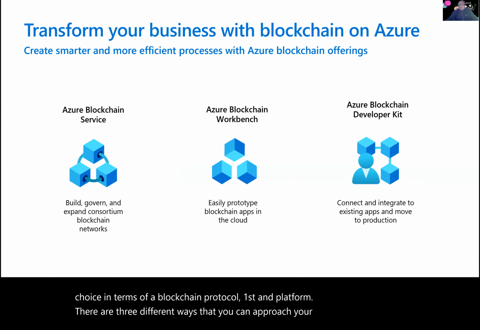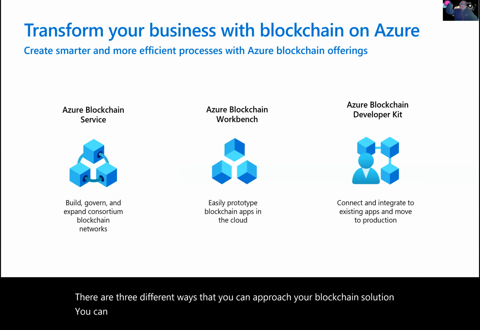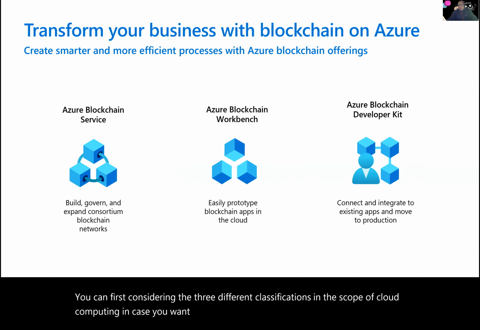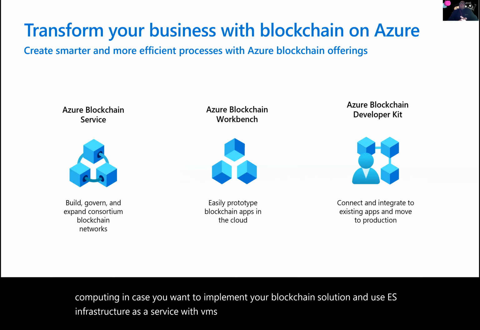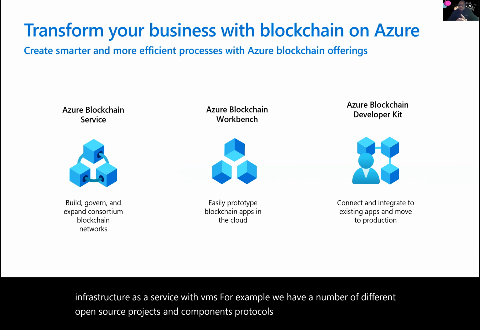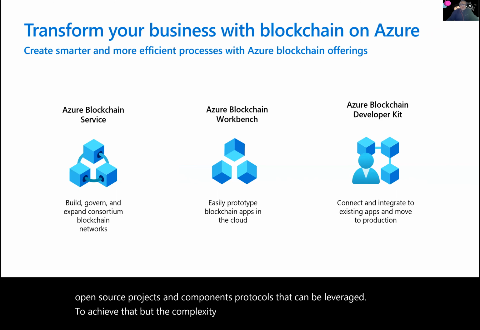Considering the three classifications in the scope of cloud computing, if you want to implement your blockchain solution using IaaS, infrastructure as a service, with VMs, for example, we have a number of different open source projects, components and protocols that can be leveraged to achieve that, but the complexity is really, really high.